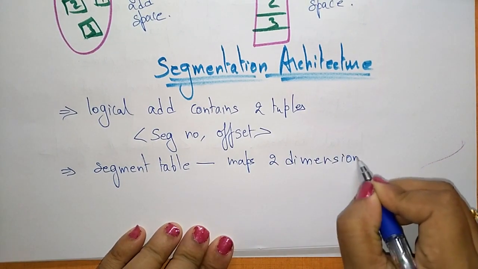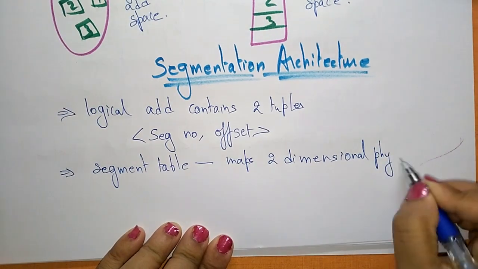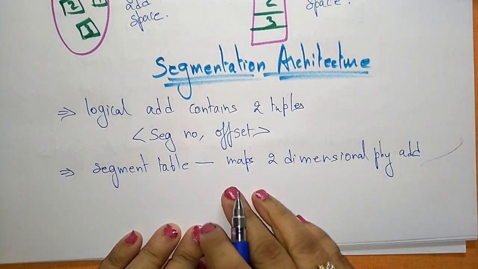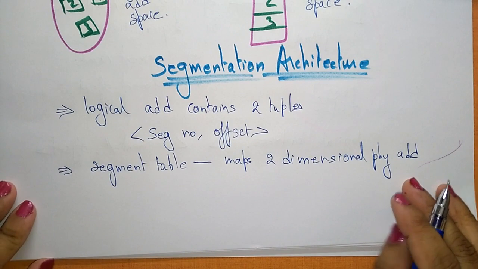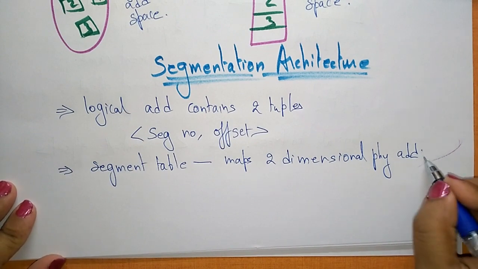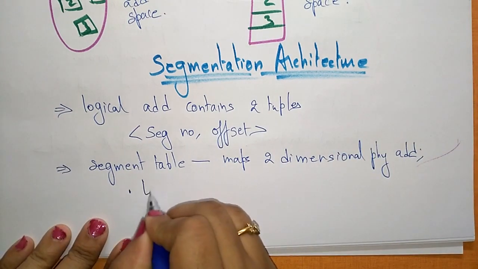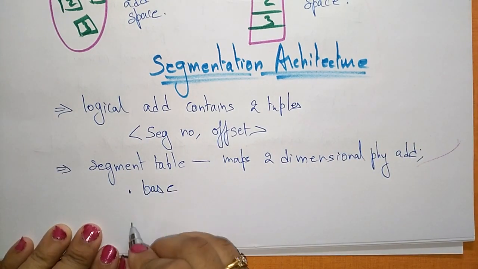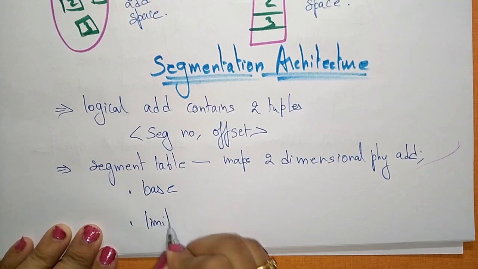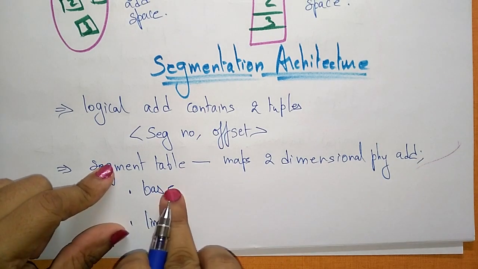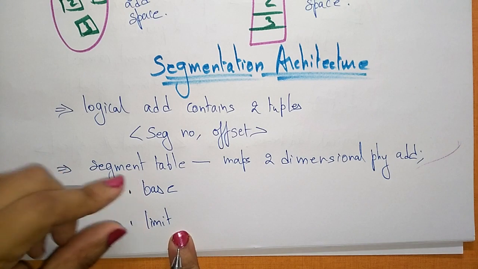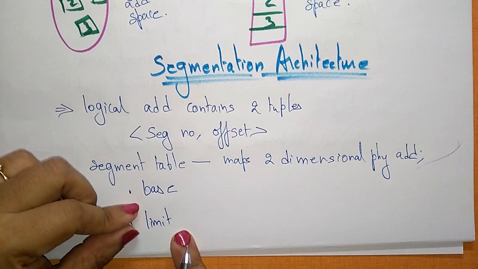The segment table maps the two-dimensional logical address to the physical address. Each table entry has two fields: one is the base and another is the limit. So the segment table consists of a base and a limit.